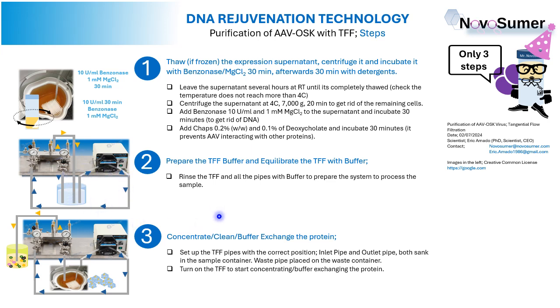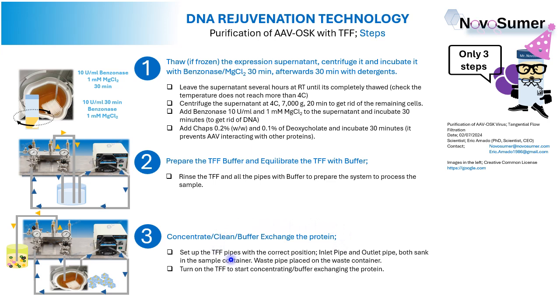What is the third step? Okay, the third step is, once the TFF is ready, we set up the circuit. As you can see here, we set up the circuit properly. I will show you how, and afterwards we will just turn it on so that the sample will be more concentrated, cleaner, and we will also buffer exchange the protein.